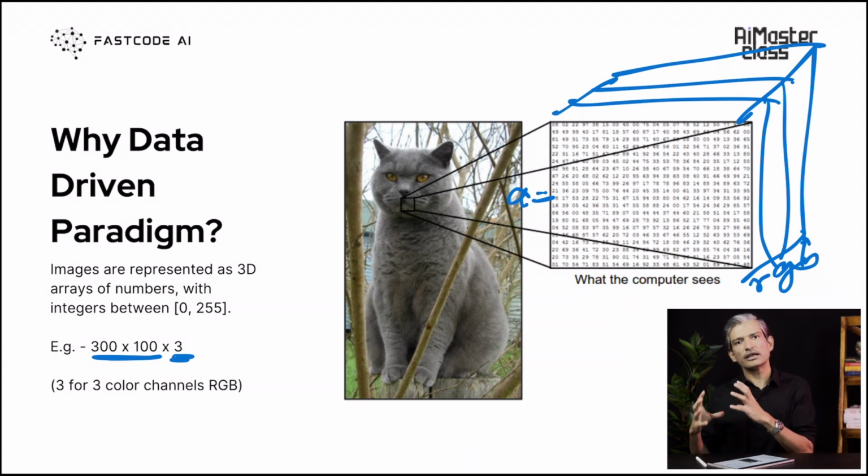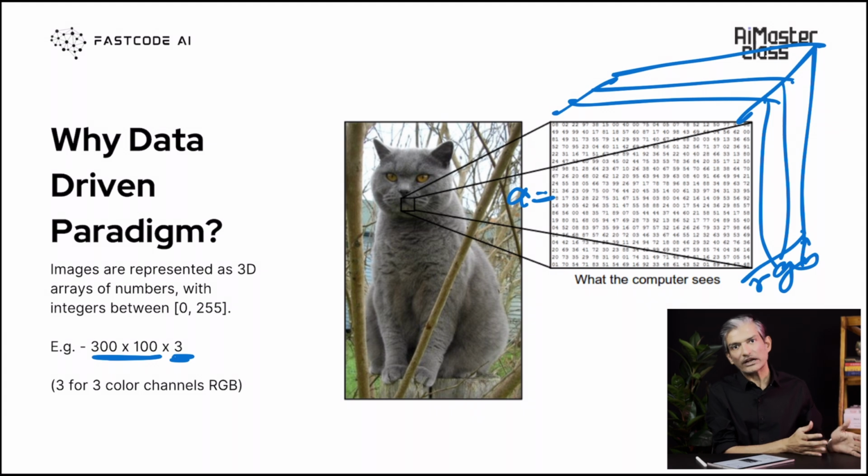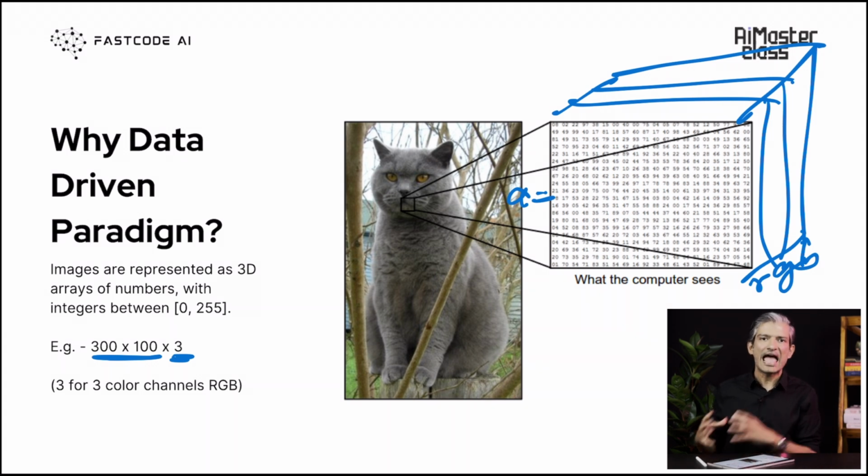You can do it in a much easier way if we resort to data. So in this case, we have seen why we need the data driven approach and what that data driven approach is in a very simple way, where we do not have any learnable parameters, where we simply create the average of the image and use that as our model.